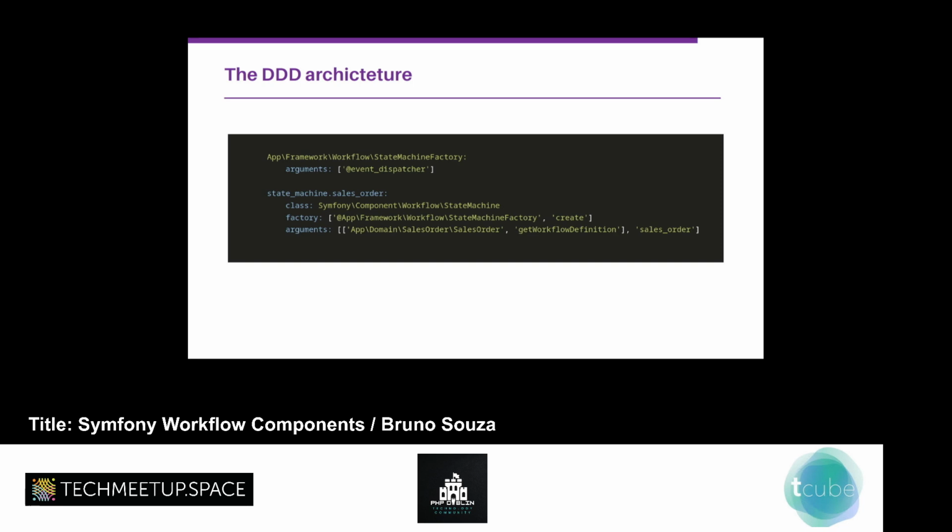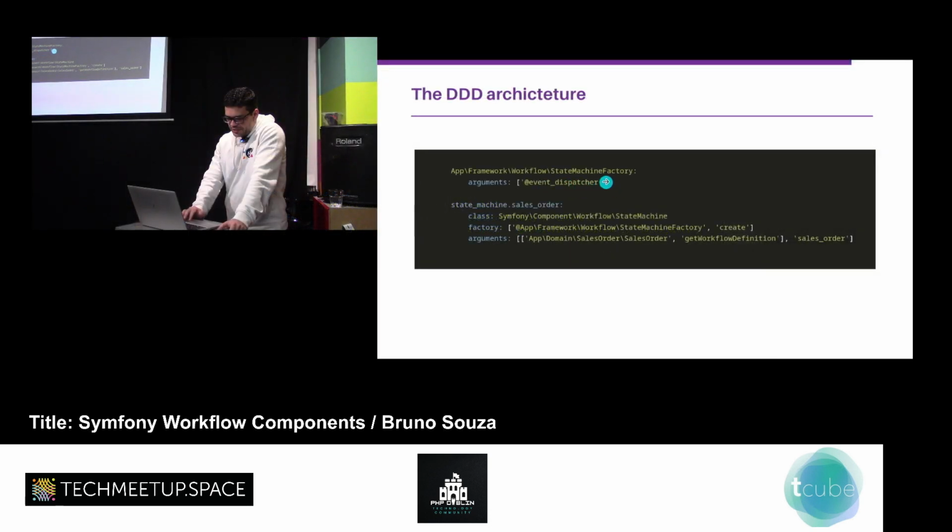And this is the state machine factory, sorry. One of the arguments is the event dispatcher. And here we have the definition of the class that is running, the Symfony Component workflow state machine.